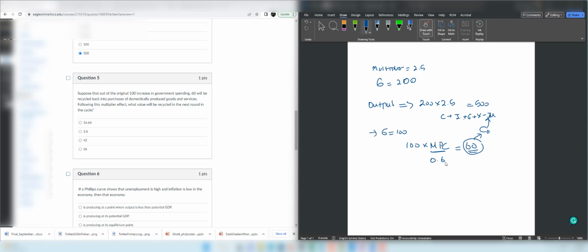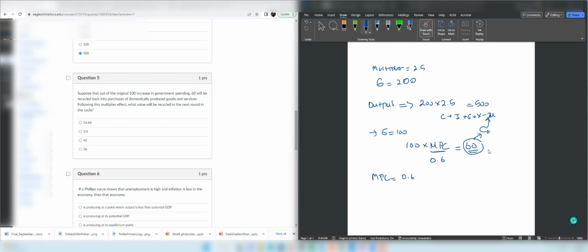That means with an additional income of $100, 60% of it turns into consumption, investment, and other components, and 40% of it is saved in the economy. And we can find from here that the marginal propensity to consume, MPC, is 0.6. Now, following this multiplier effect, what value will be recycled in the next round in the cycle?